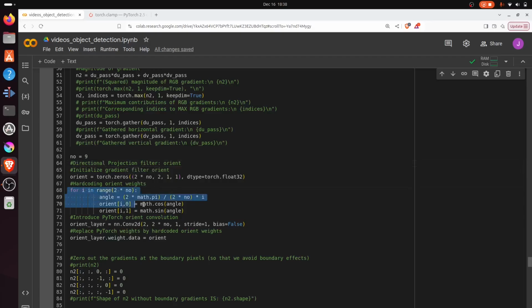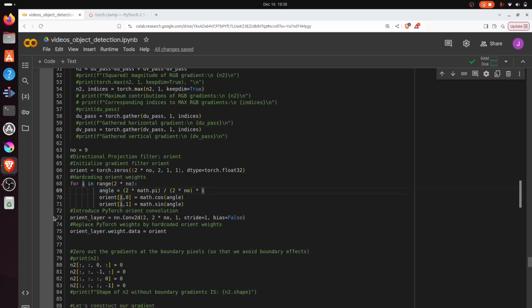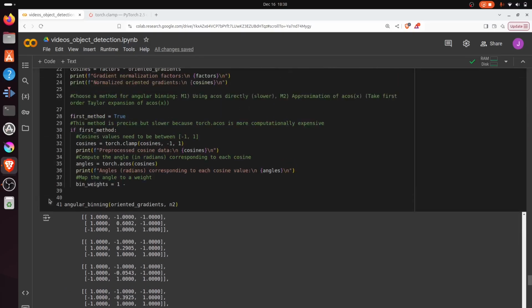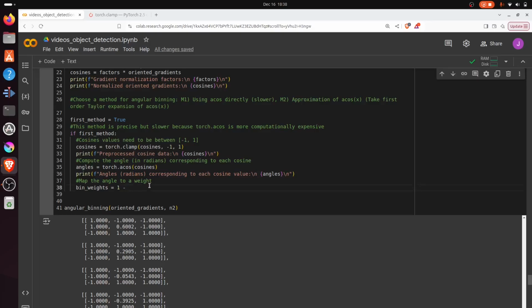Because remember, this loop went through all possible number of orientations, and here what we want to do is to solve for i, and if we solve for i, we're going to have 2 times number of orientations over 2 times pi, and that is multiplied by the angle. So we're going to do just that, and actually 1 minus the factor that I just explained. In that way, we're going to get the bin weights.